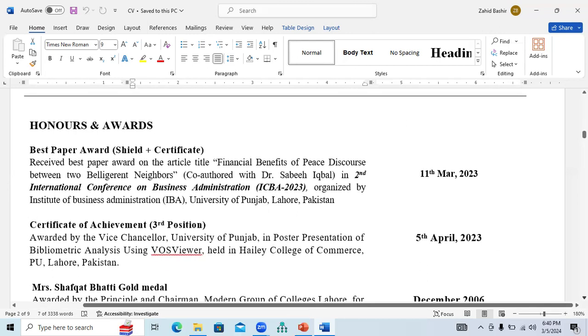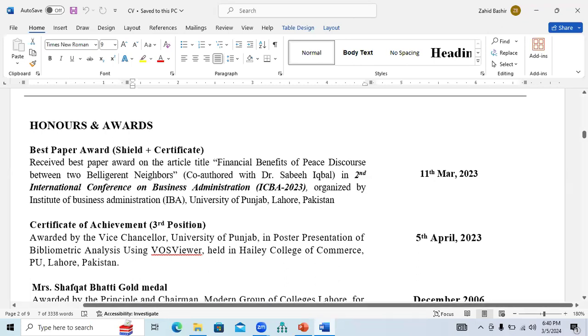I have a lot of honors and awards from a number of forums. Most recently, I was awarded certificates and shields from IBA Lahore for presenting a paper which was considered the best paper, co-authored with Dr. Sabi Iqbal, with the title of Financial Benefits of Peace Discourse between two belligerent neighbors.